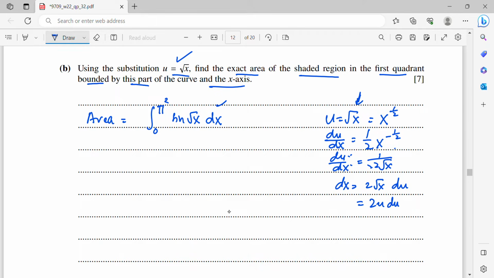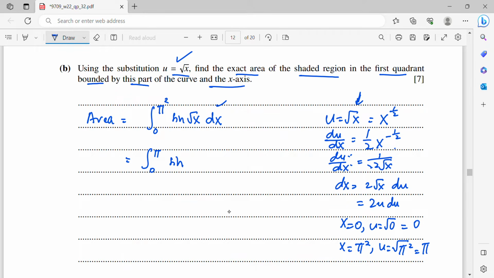So when x equals 0, your u is square root 0, which is 0. When x is pi squared, your u is square root pi squared, which is pi. Okay, so from here, I will change my integration to from 0 to pi.